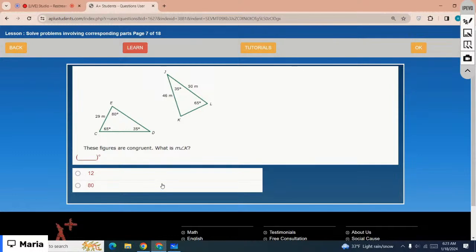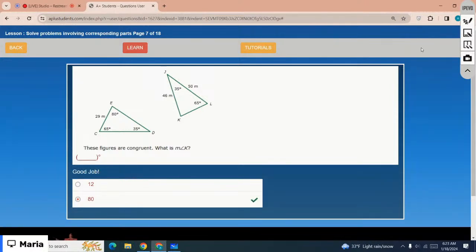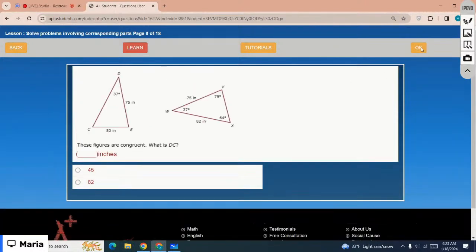The correct option is 80 degrees. These figures are congruent. What is DC?